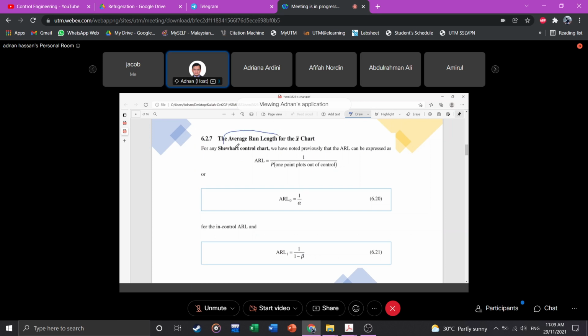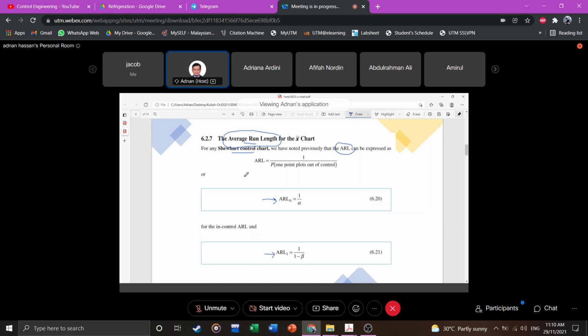This is a measure of how good is our control chart. For example, the X bar chart is a Shewhart control chart. ARL, or average run length, is a measure of how good is the control chart. So we have ARL0 and we have ARL1.